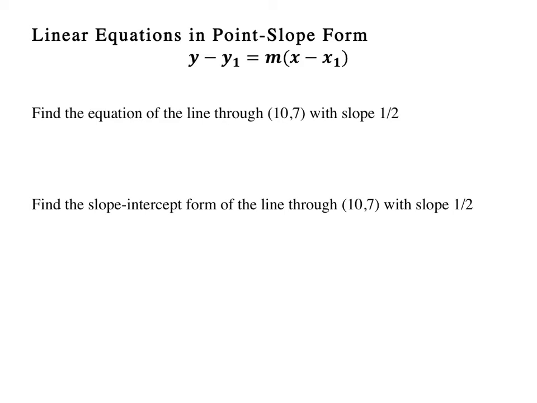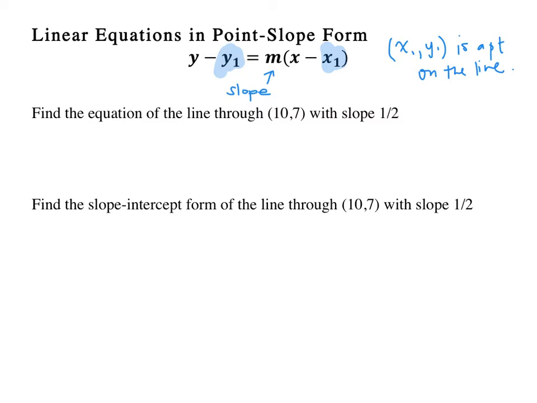So again, m is going to be our slope, and x1, y1 corresponds to a point on the line. You'll notice that point-slope form tells you a point and a slope, while the slope-intercept form tells you the intercept and the slope.